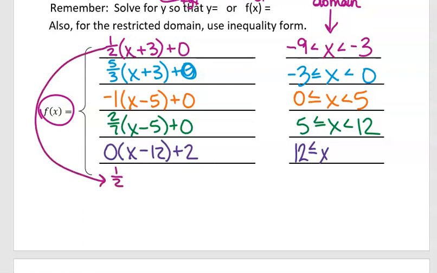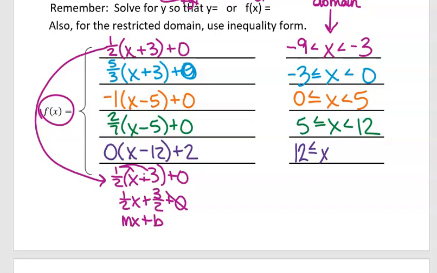So in order to make this look like slope-intercept form, first I need to remove the parentheses, and I do that by distribution. So 1/2 times x is 1/2 x, and 1/2 times 3 is 3 over 2. If I add 0 to it, there's really nothing to do there, so I can get rid of that plus 0, and now all of a sudden I have it in the form y equals mx plus b.